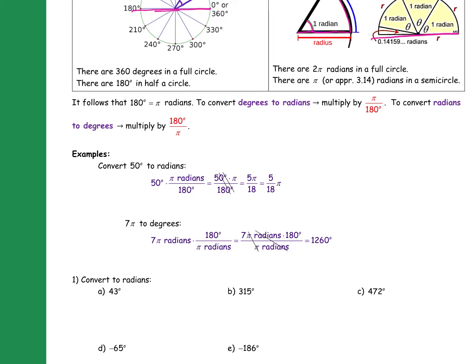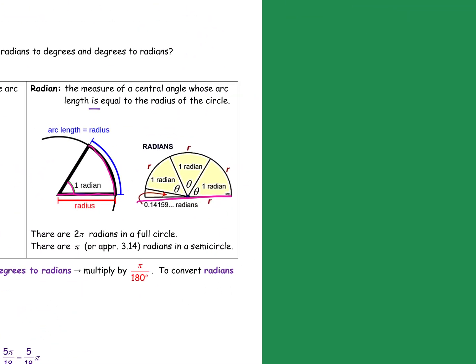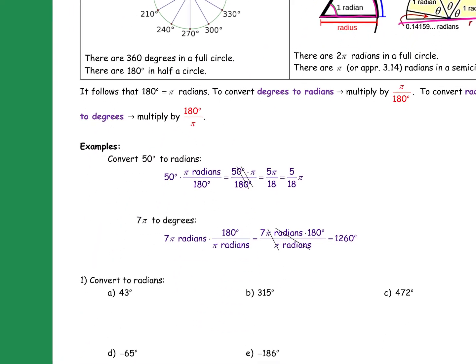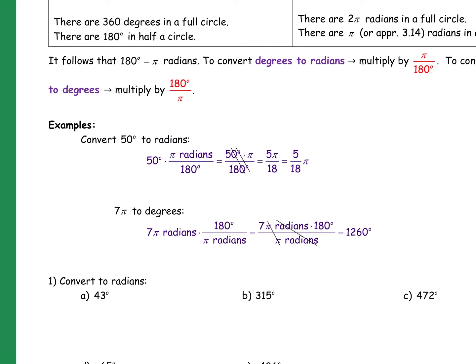To convert 50 degrees to radians, I take my 50 degrees and multiply by pi over 180. So pi radians over 180.